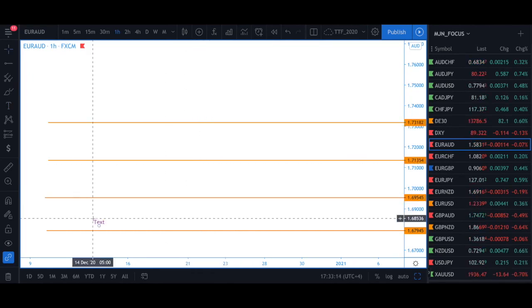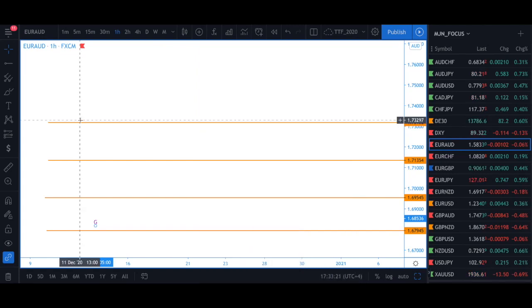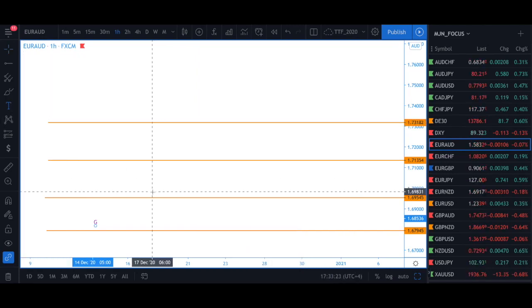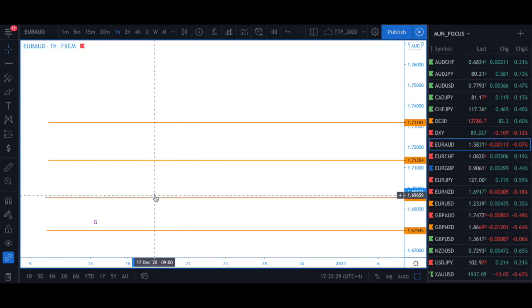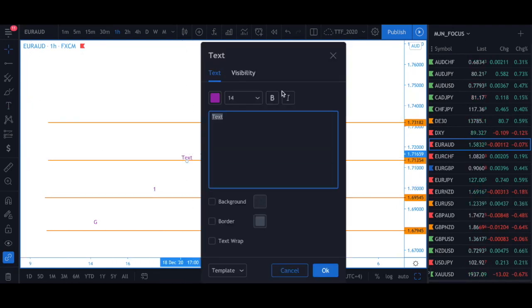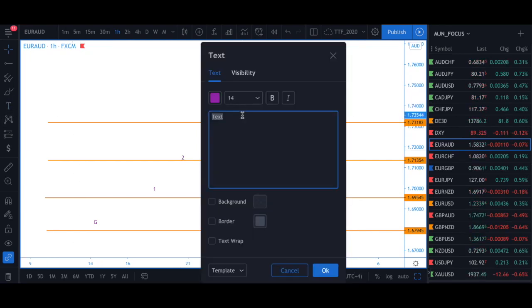Let me just highlight this here as being the ground floor. So this is now the ground floor, and this is the first floor, and similarly this is now the second floor, and the top one becomes the third floor.